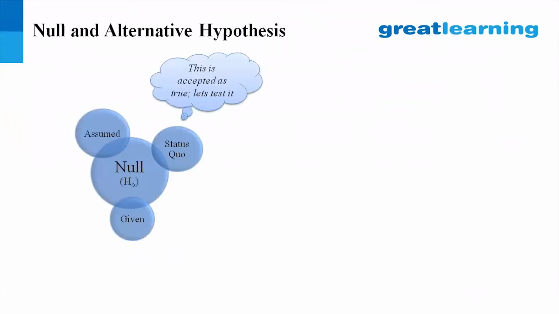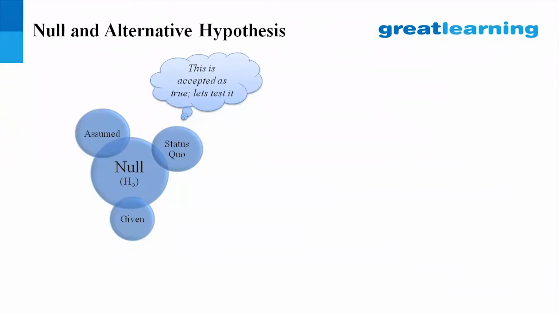So the null hypothesis is when something is assumed to be true, or you have a status quo, or something is given to you. For the example of the Coca-Cola bottle, when it is given to you that the volume is 600 ml, that is the status quo, and you're assuming that the volume is 600 ml, that is the null hypothesis.